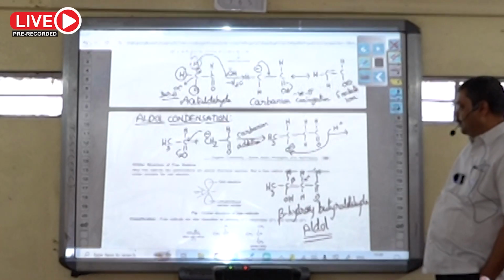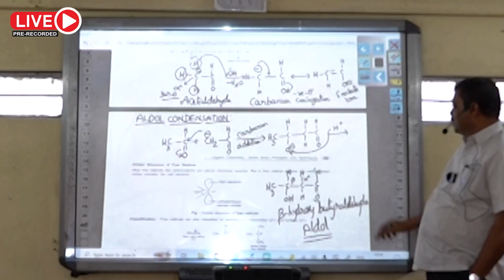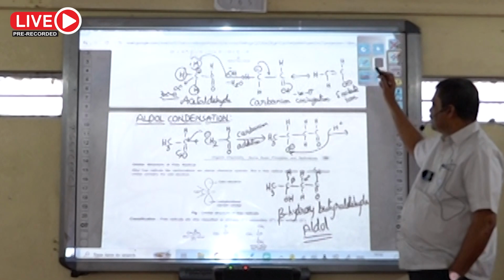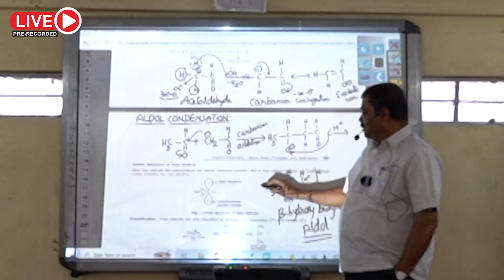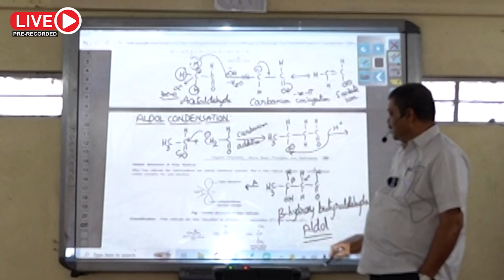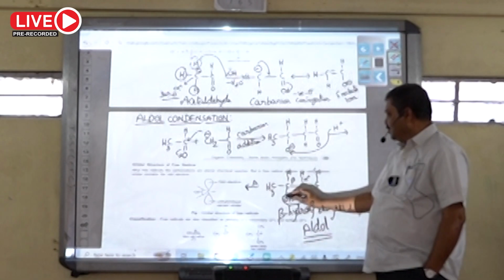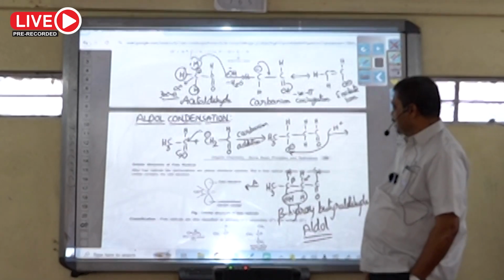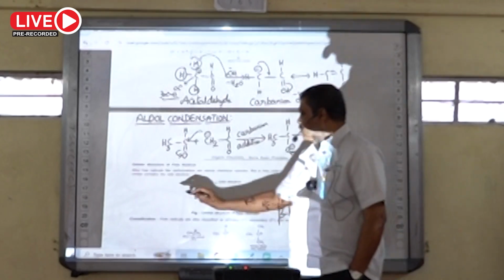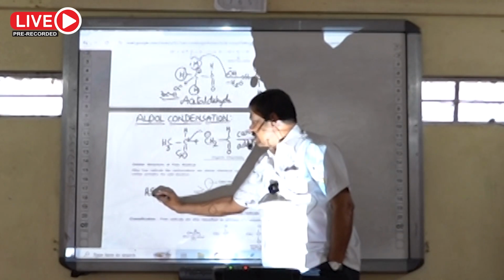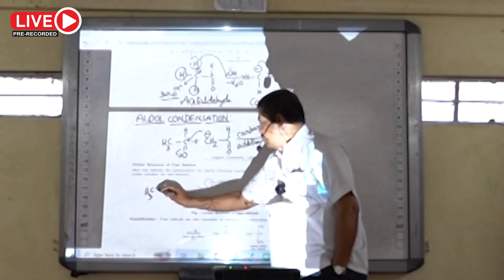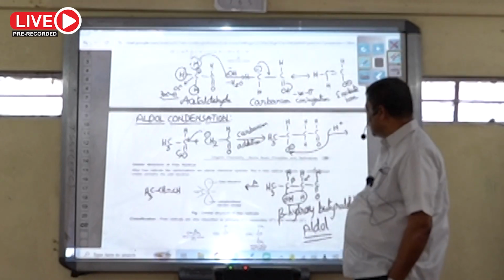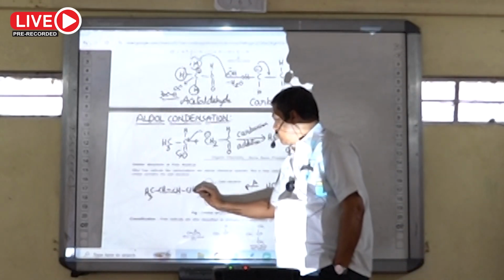Now in the last step, as aldols are very unstable and cannot be isolated, simply on heating, the OH and H will be removed as water from the adjacent carbons, and the final product will be CH3, CH double bond CH, single bond CHO.